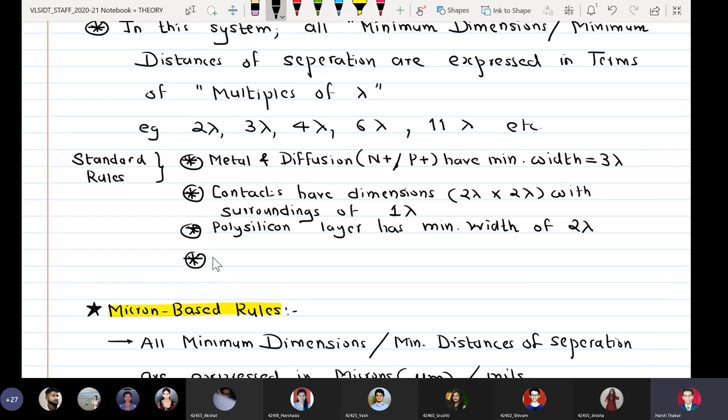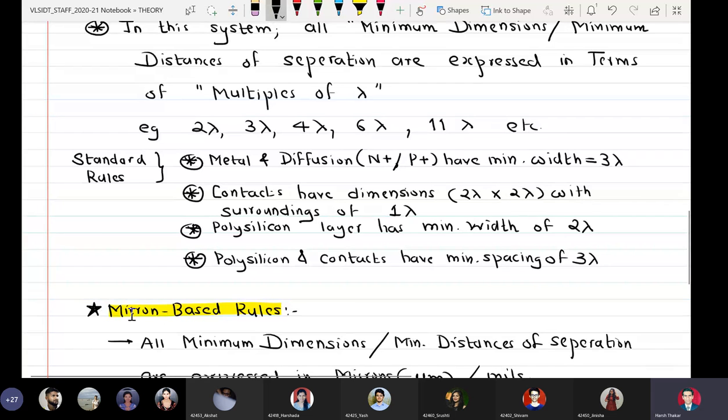The next rule is polysilicon and contacts have minimum spacing of 3 lambda.